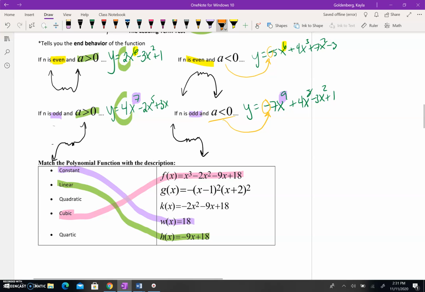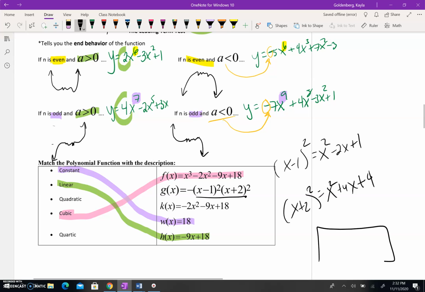Quadratic we know is 2, but the question is G and K both have powers of 2. The idea though is if you were to multiply this stuff out, you would get from the x minus 1 squared, right? You would get an x squared minus 2x plus 1. If you multiplied out the x plus 2 squared, you'd get this.